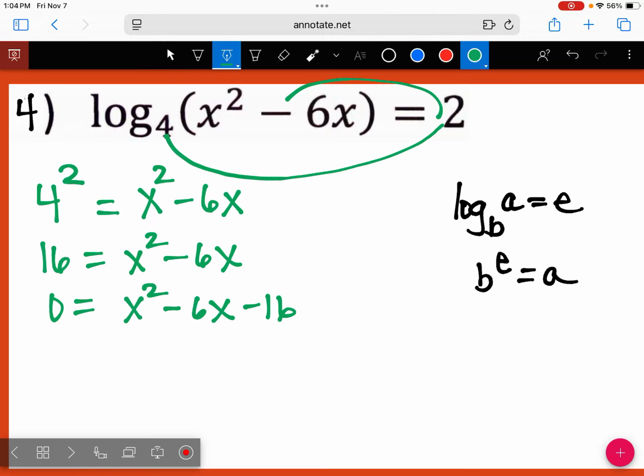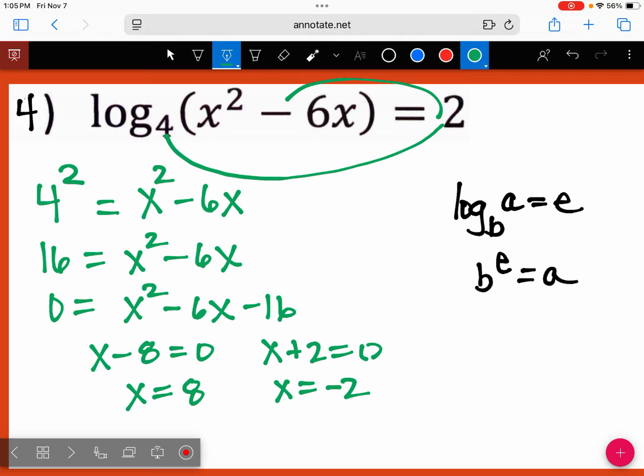Find your two numbers that multiply to be negative 16 and add to a negative 6. So your numbers should be negative 8 and positive 2. So that means I have positive 8 and negative 2 as my answers.